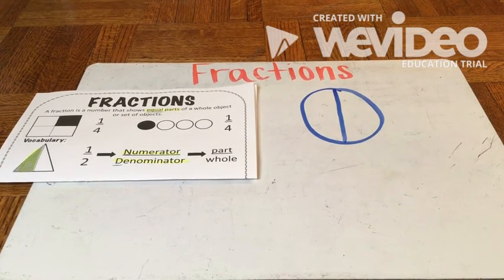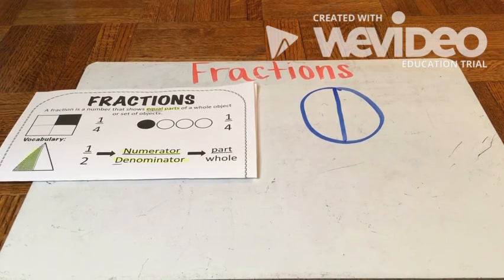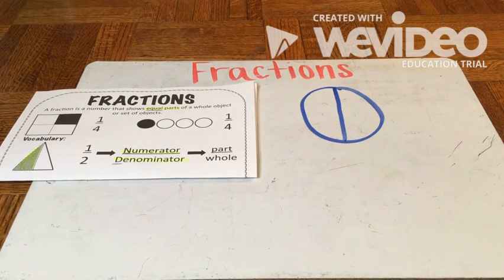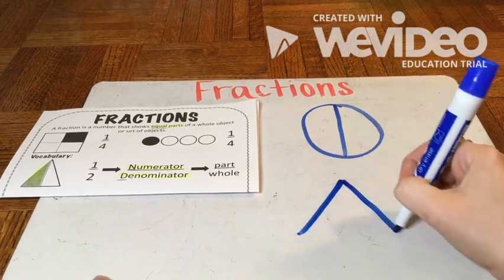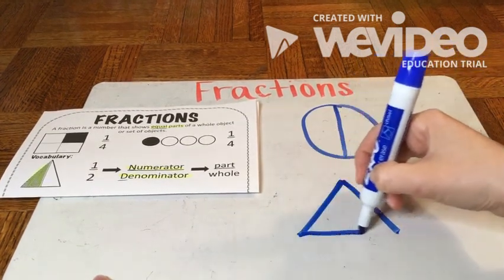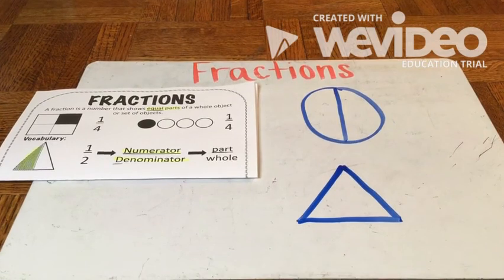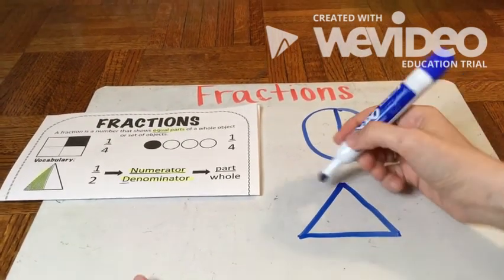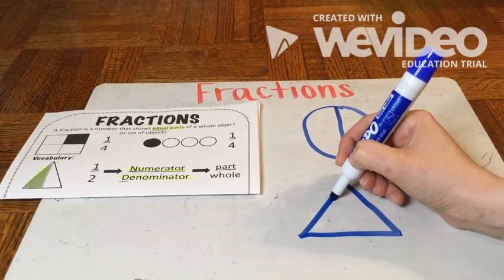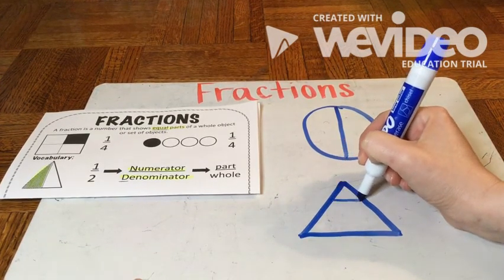Now here is an example of an object that is not cut into equal parts, so therefore it will not be a fraction. So if I were to draw a triangle, and I were to cut it into 2 pieces, but I decided to divide it near the top.